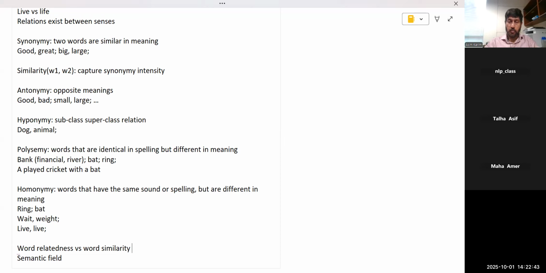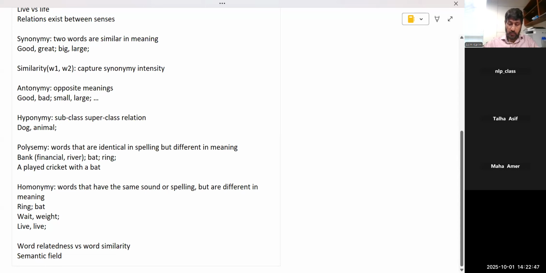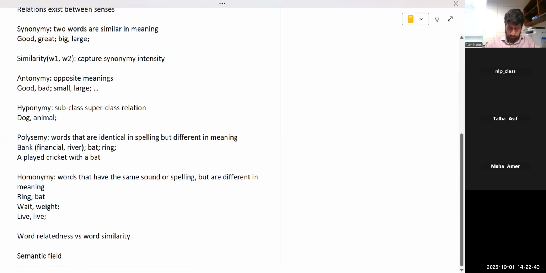and that may capture additional notions of relationships to synonymy. Okay? So semantic field, as I said, a concept containing related words.